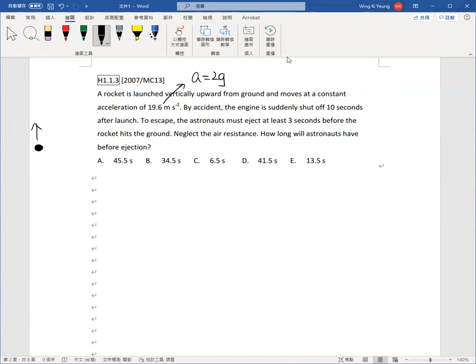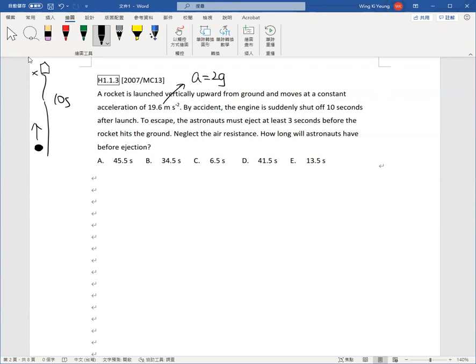It's suddenly shut off 10 seconds after launch. So that means it takes 10 seconds for it to go to the highest point. And then after the 10 seconds, remember, just after the engine is shut off, the object is still moving.